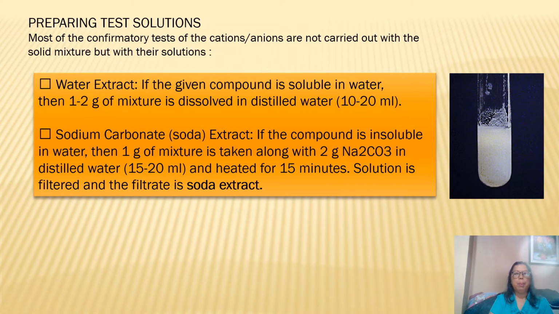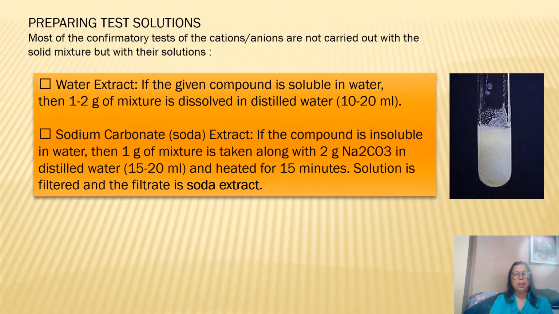Now, how do we prepare test solutions? The test solutions could be prepared either as water extract or soda extract. If the unknown is soluble in water, we make use of what we call water extract. But if it is insoluble in water, we make use of the soda extract, or the sodium carbonate extract.